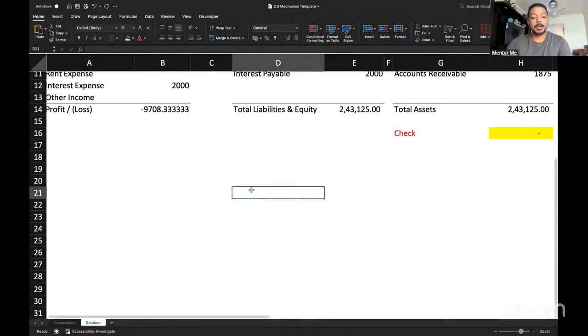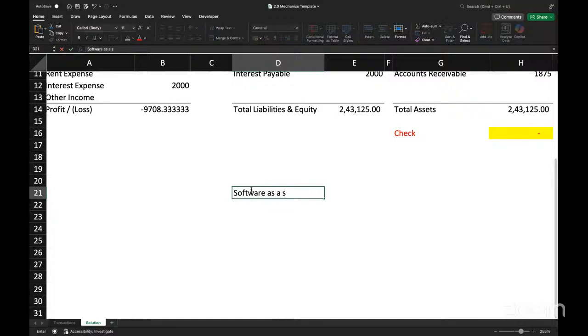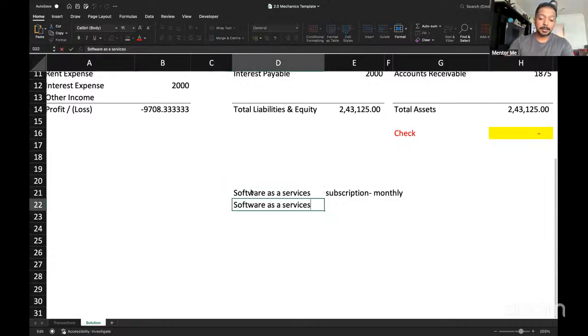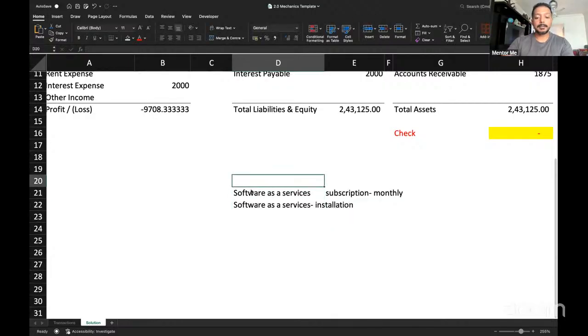For example, software as a service, SaaS, right? So here you are taking a subscription, let's say monthly, and then software as a service, but installation. So there is something in IFRS 15.